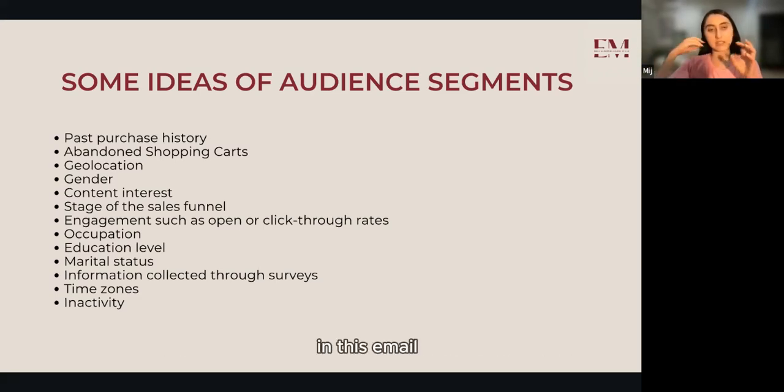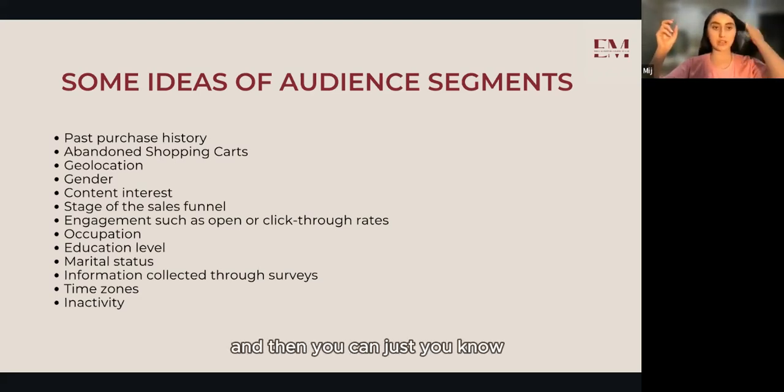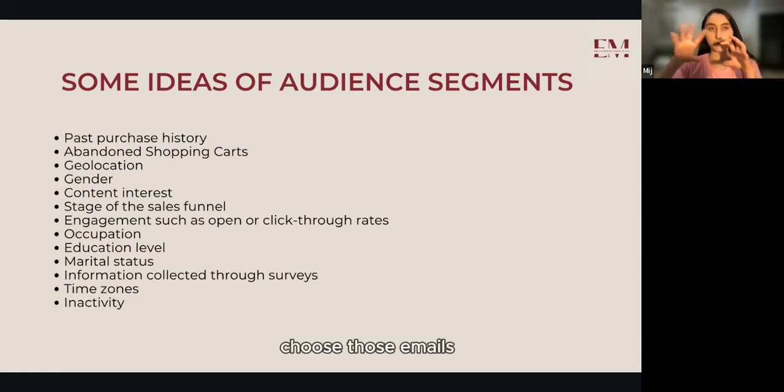And actually in these email marketing tools, you can do this. You can go to the list section and then choose those emails and create one group and just write like, I don't know, boys, or you can just write ascent funnel, something like that.